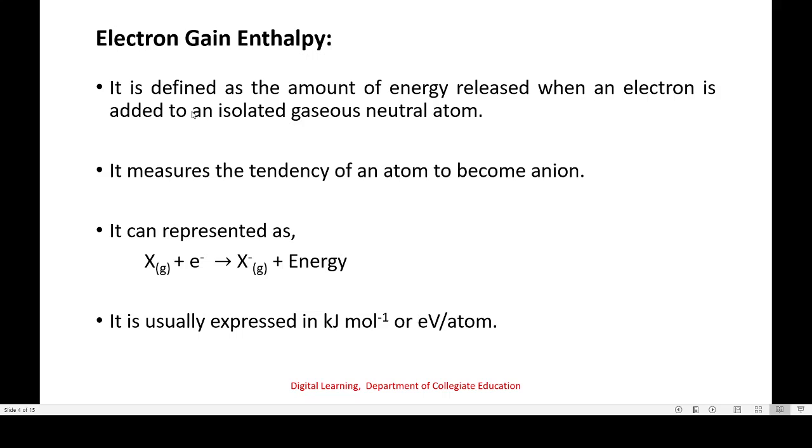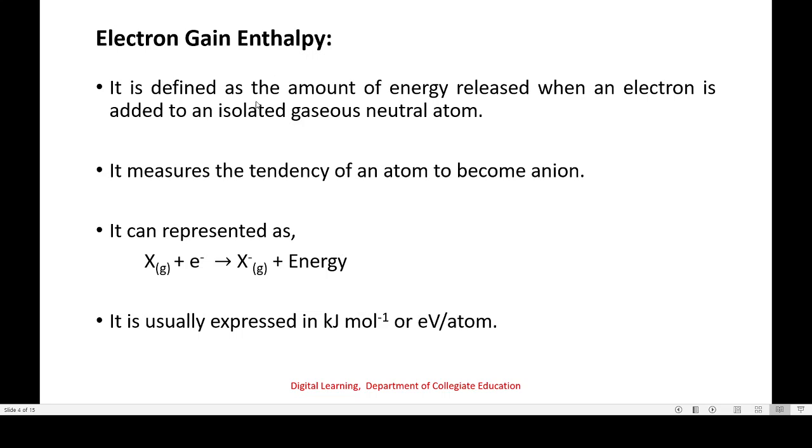Now coming to the electron gain enthalpy. Just as the ionization energy measures the tendency of an atom to change into a cation, the electron gain enthalpy, also called electron affinity, is a measure of the tendency of an atom to change into an anion.